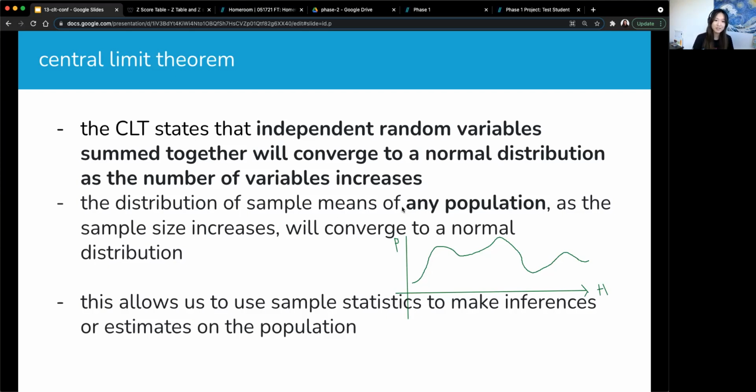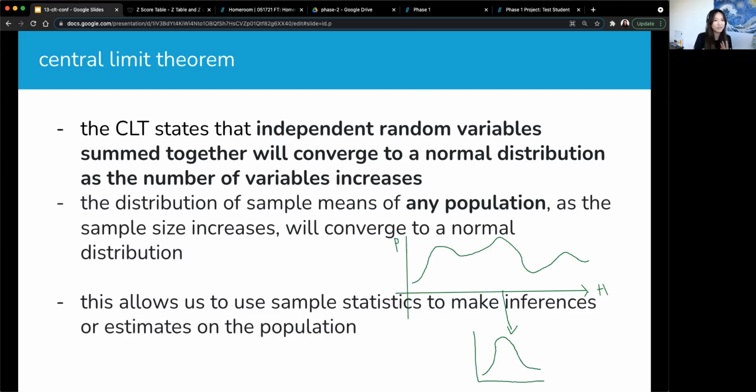The distribution of sample means says that if I'm taking groups of 100 people's heights, and for each of those groups of 100, I take the average and treat that as one data point, then, and I'm just going to draw a small version here, if I take all the sample means, it will start to look like a normal distribution. So that's what the central limit theorem says.